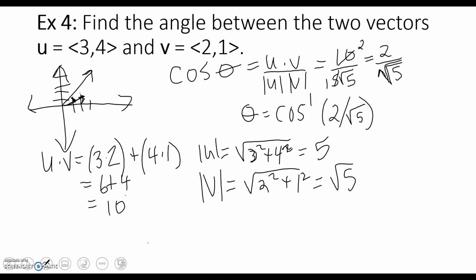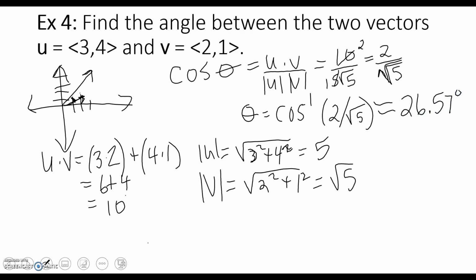So you want to plug that in your calculator. Type in the inverse cosine of 2 divided by the square root of 5. And you should get, let's see, I got 26.565051118 and some more numbers. So theta is approximately, if we round it to 2 decimal places, 26.57 degrees.